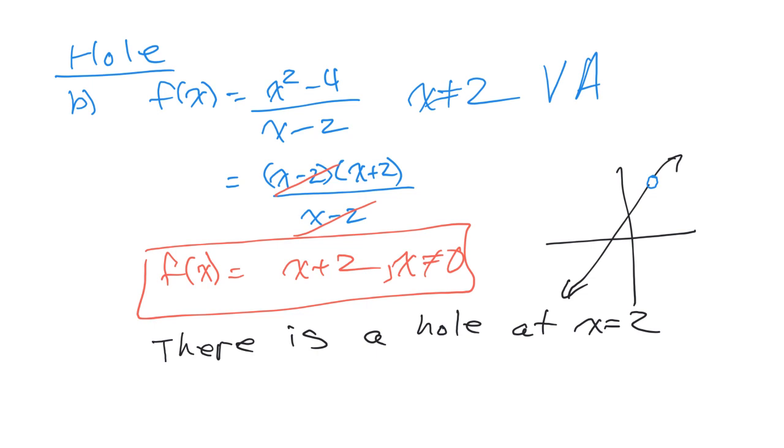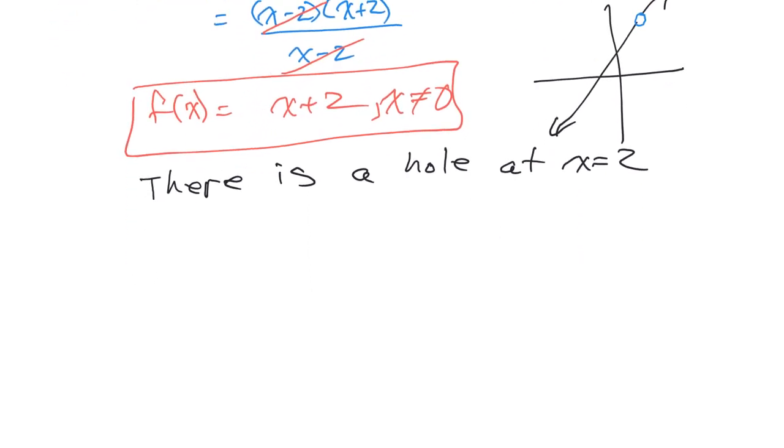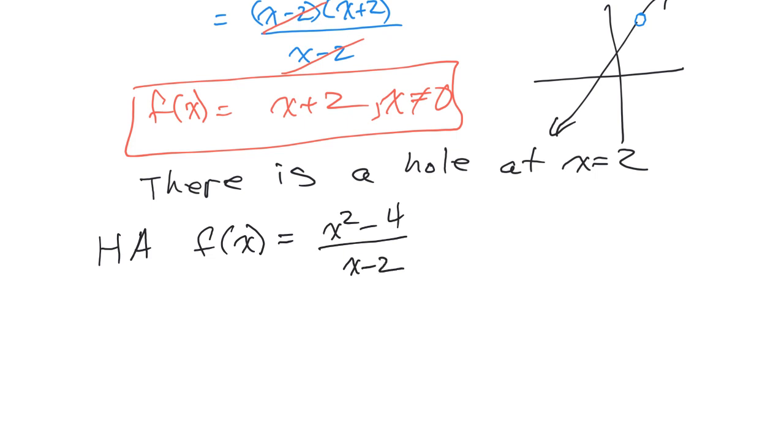So now imagine we take this problem and find the horizontal asymptote for the function f of x is equal to x squared minus 4 over x minus 2. To find it, you say, as x goes to infinity, you have to think about what it looks like. This turns into just x squared over x, doesn't it? So x squared over x changes to x, doesn't it?